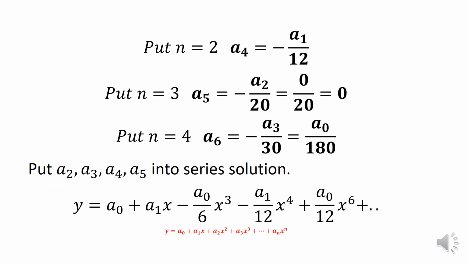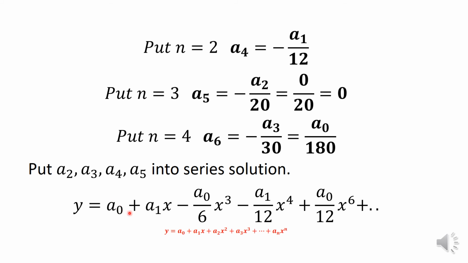You can see here now. Put n equal to 2 there, a4 we can calculate, and put n equal to 3, it is minus a2 by 20, because a2 is 0, right? That's why the answer will be 0, and so on. So now put the values of a2, a3, a4, a5 and so on in the final answer, in the solution, because this is the question we have written earlier. y is equal to a0 plus a1x plus a2x square plus a3x cube plus and so on.